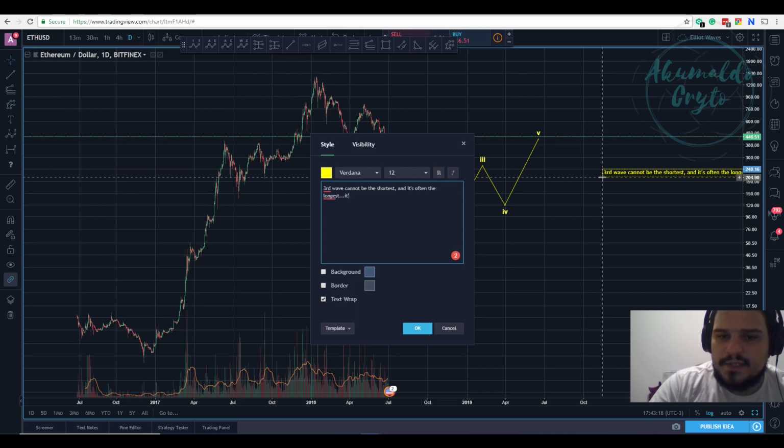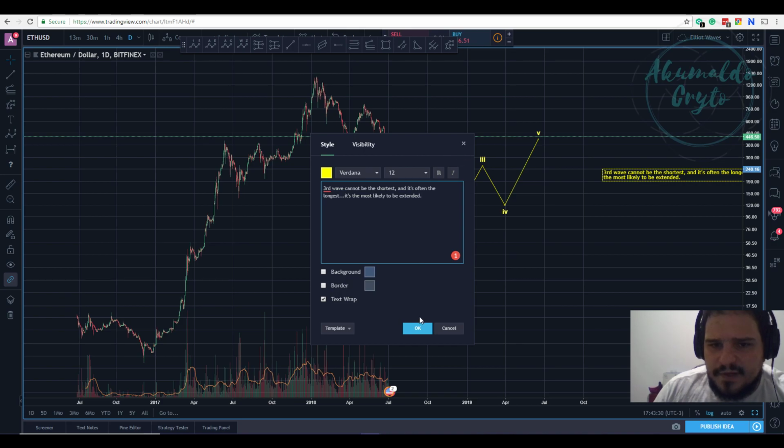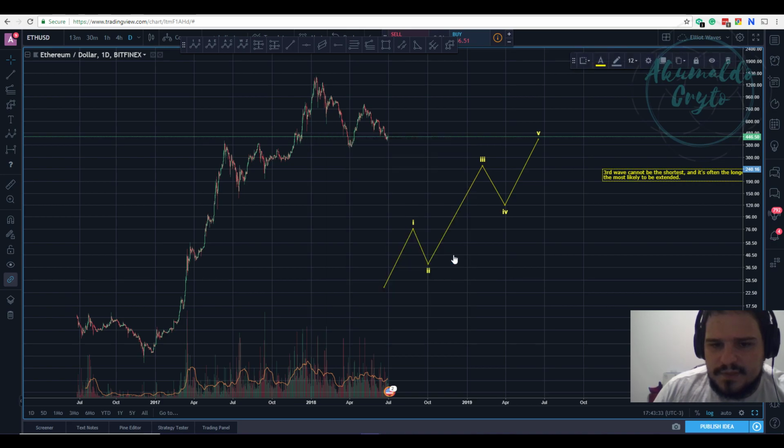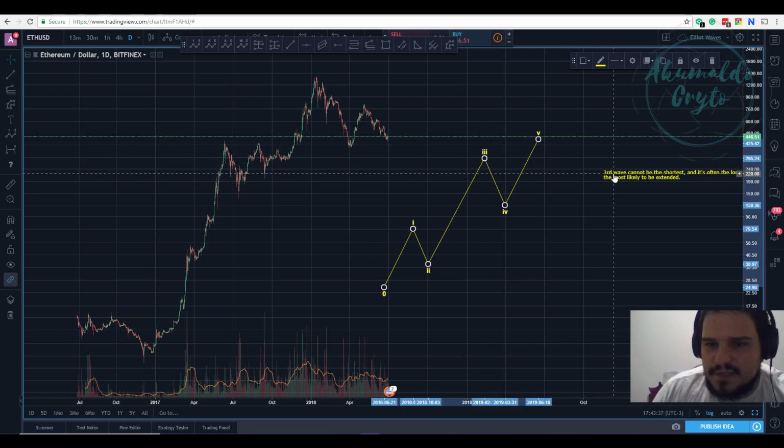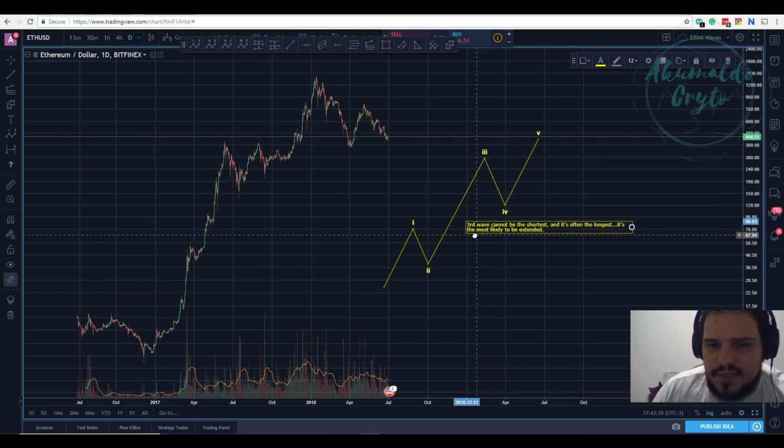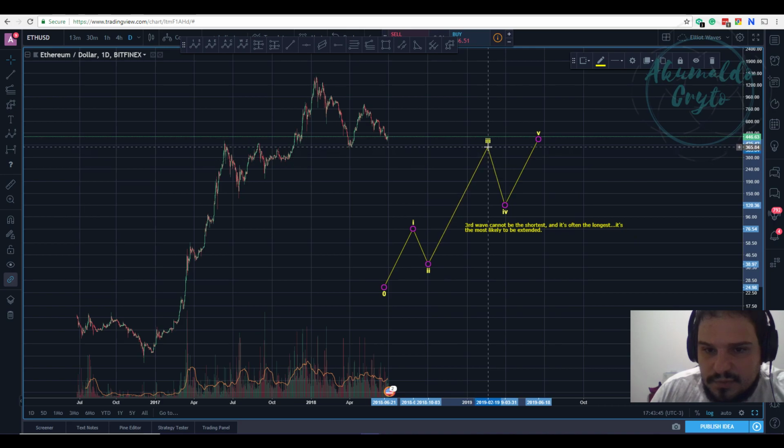It's the most likely to be extended. So this wave here, wave 3, is our wave that can't be the shortest. It is often the longest. It's the most likely to be extended, to really go higher in price.